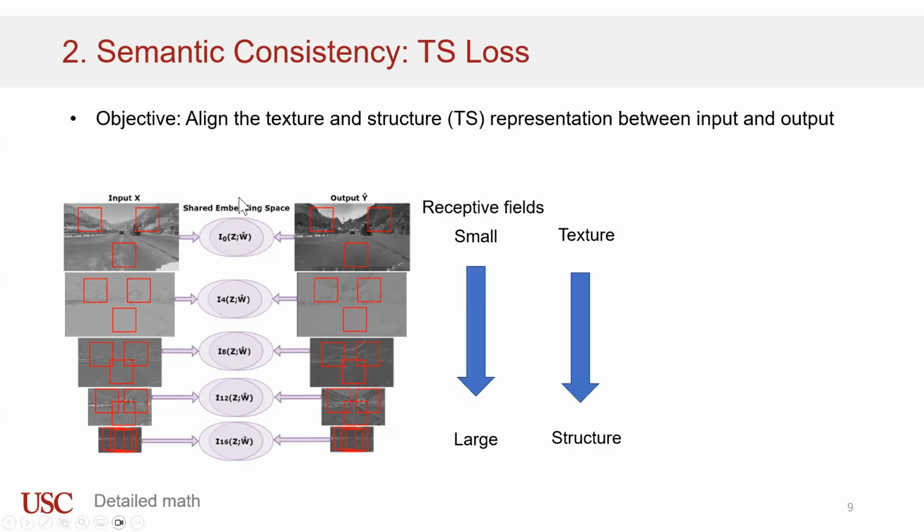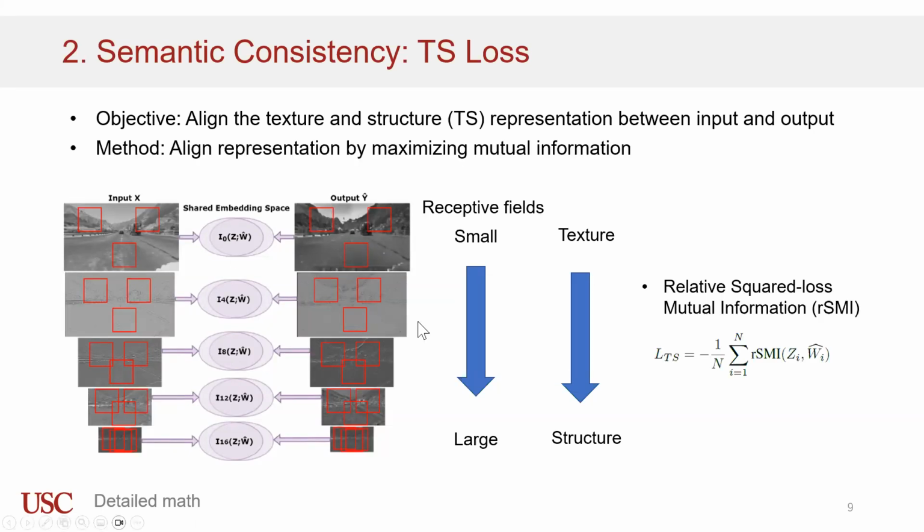And we can see that from shallow to deeper layer, the receptive fields go from smaller to larger. And the features also represent from texture to structure information. And we propose a method to align the representations by maximizing the mutual information between the input and output in their shared embedding space.